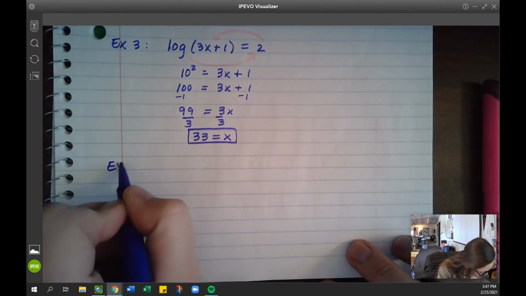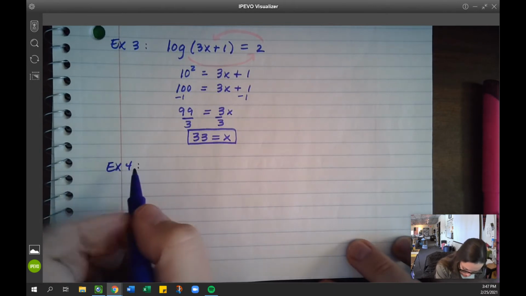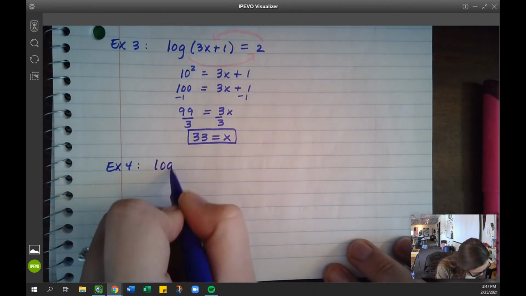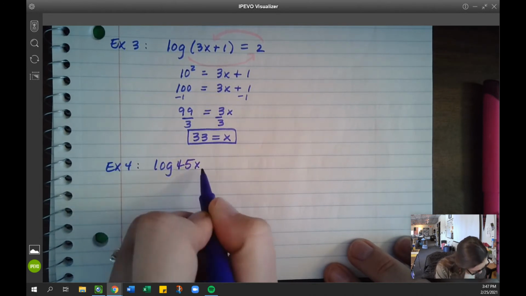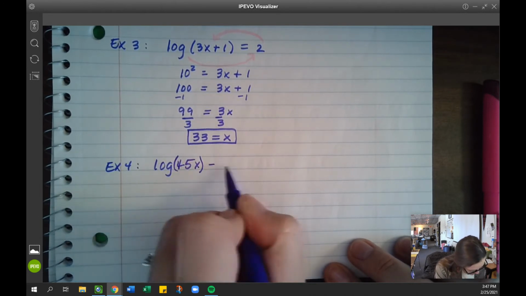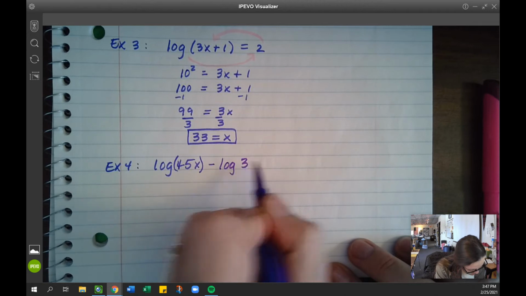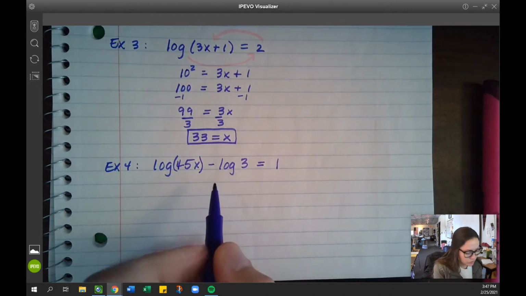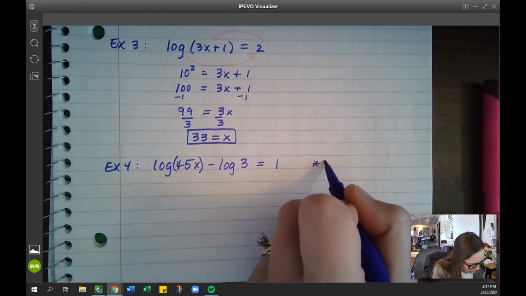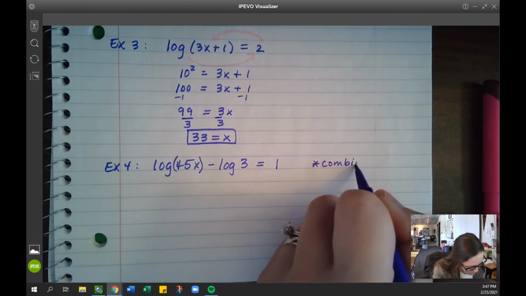So example 4. Let's say I have log 45x minus log 3 equals 1. So first thing I'm going to do is combine the logs.